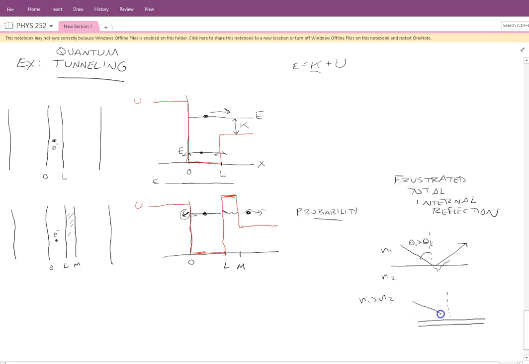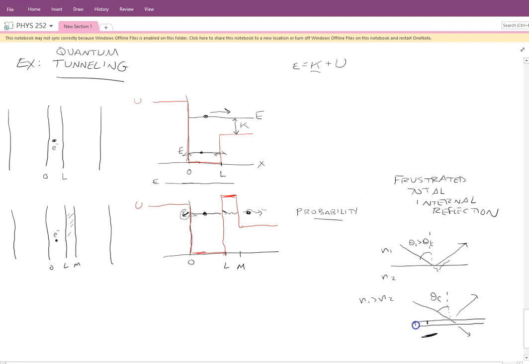So you come in, even though you're coming in greater than the critical angle, and it's predicted that all of the light energy should reflect, if this layer right here is thin enough, the wave penetrates, and before all that energy can reflect back up into the first material, you will get some propagation into this third layer here. That's called frustrated total internal reflection, and it can occur.